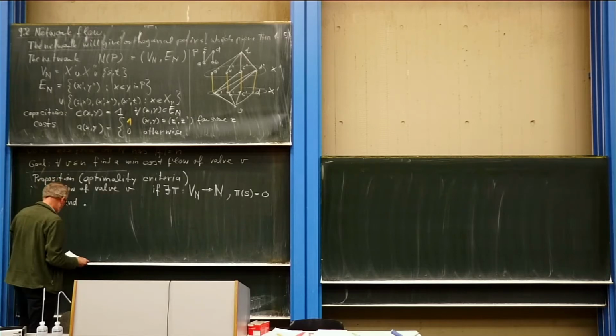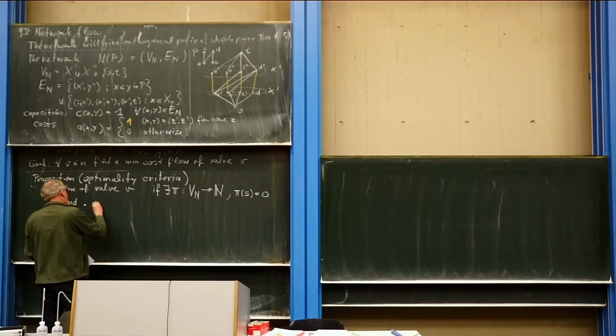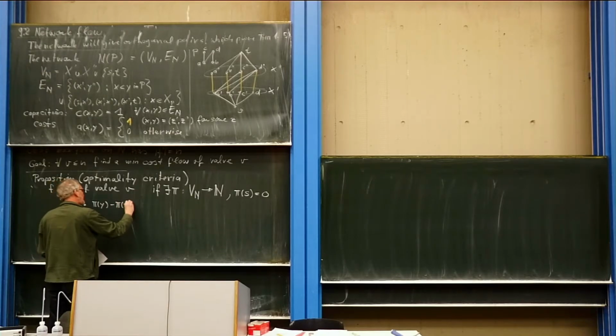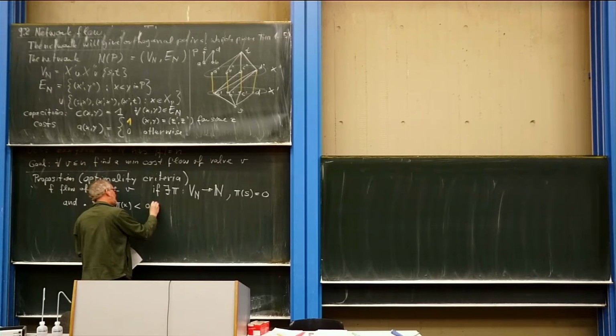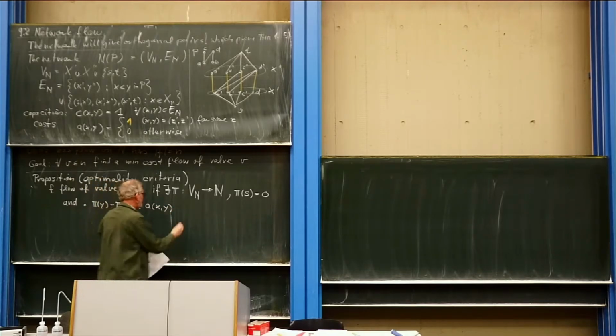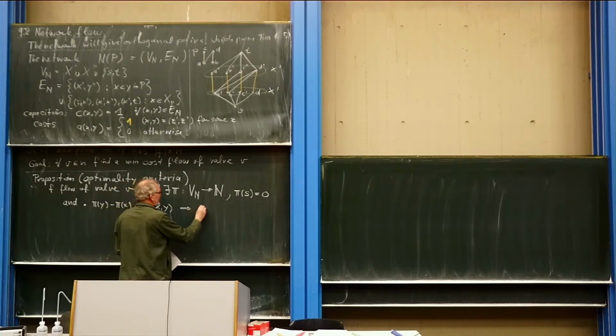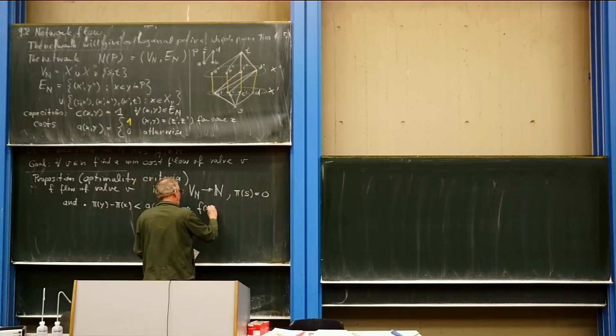If we have an edge where the potential difference is less than the cost of this edge, then on this edge the flow equals 0.